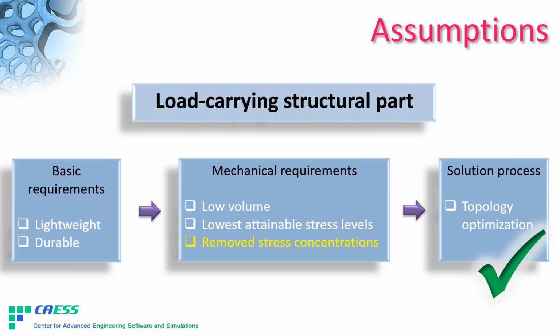This is very important because we know that a well-designed part, if it exhibits even one stress concentration, can very quickly have crack initiation, and once this happens, the crack will propagate and eventually destroy the part.